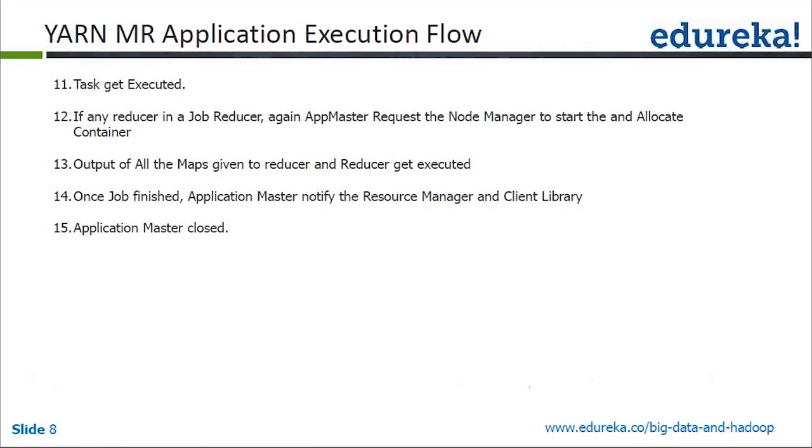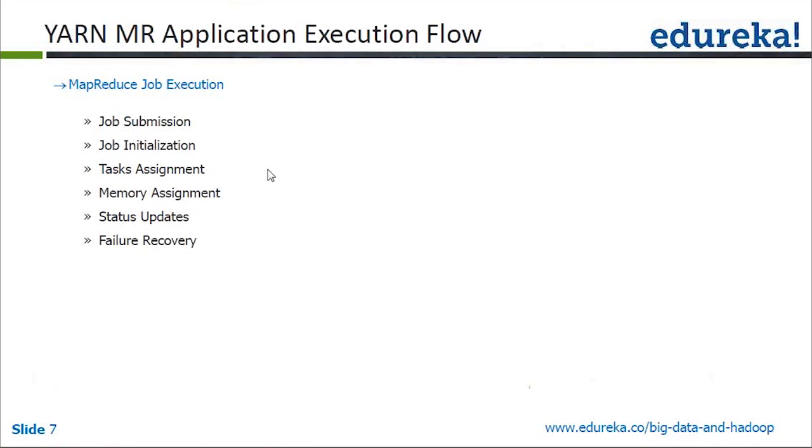Obviously we will not be going through the nitty-gritties of that, but that is just to give you some perspective on what this is about. Job execution flow is essentially the same when we submit a job for MapReduce. Once your job is submitted, it's initialized, and then task assignment and memory assignment are the things which the cluster, or the framework, takes care of.